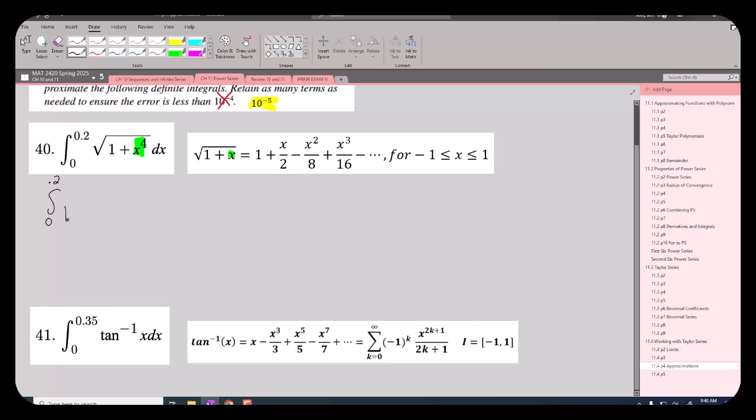So we're going to end up with 1 plus x to the 4 divided by 2 minus x to the 8 divided by 8 plus x to the 12 divided by 16 minus etc. dx.